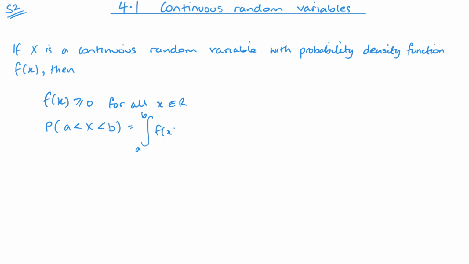All that would mean is that I would integrate between those limits. And then the final condition, or rule, is that the total area under the graph must be equal to 1. Because we know that probability will always total 1. Okay?